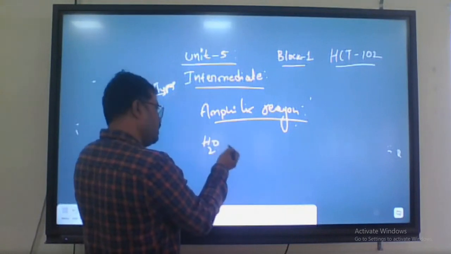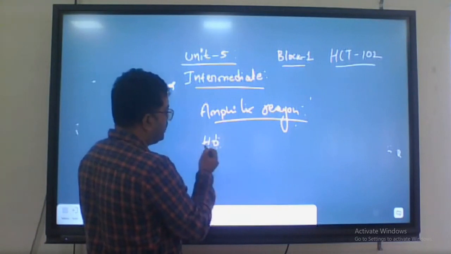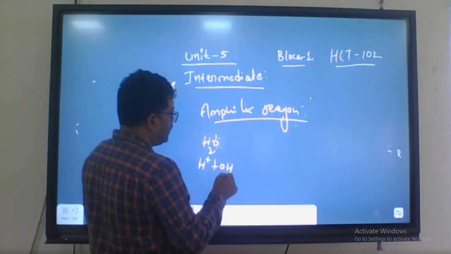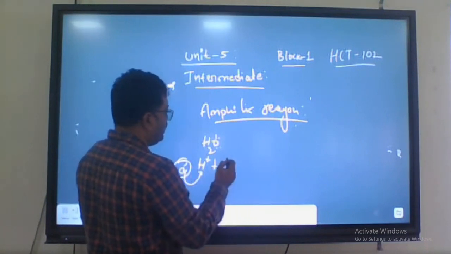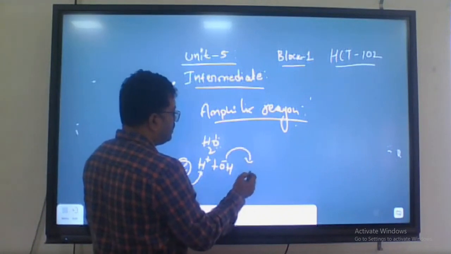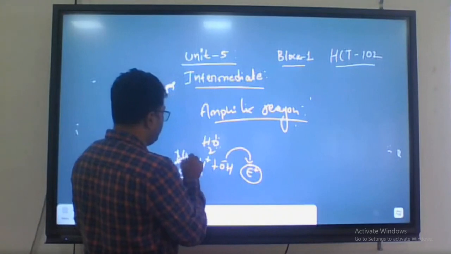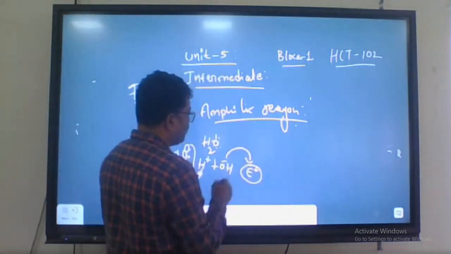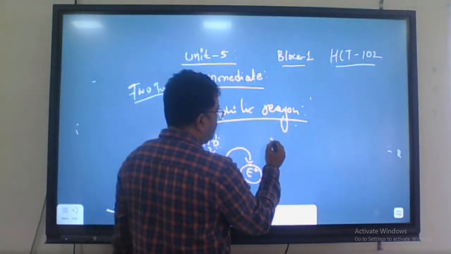It donates a pair of electrons, and it also has hydrogen, and OH minus in water. So it accepts electrons from a nucleophile and can donate electrons to an electrophile. That's what is amphiphilic.